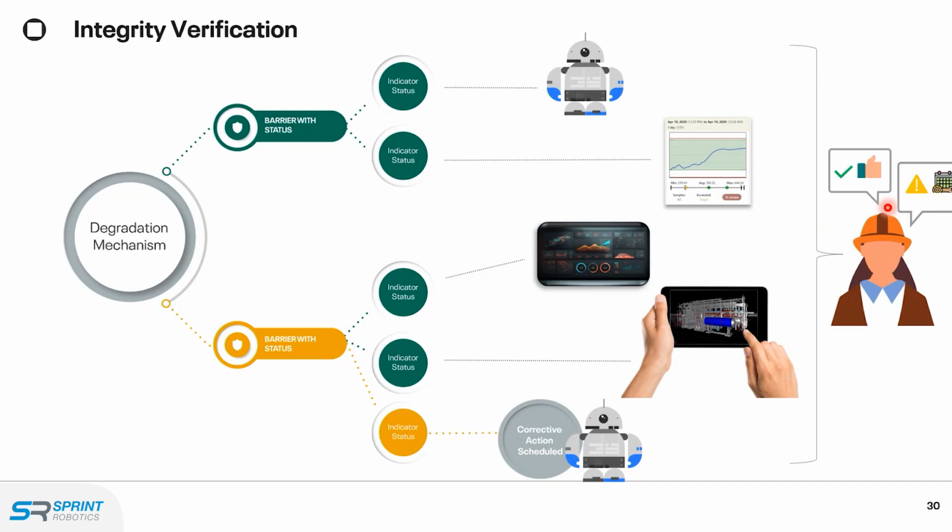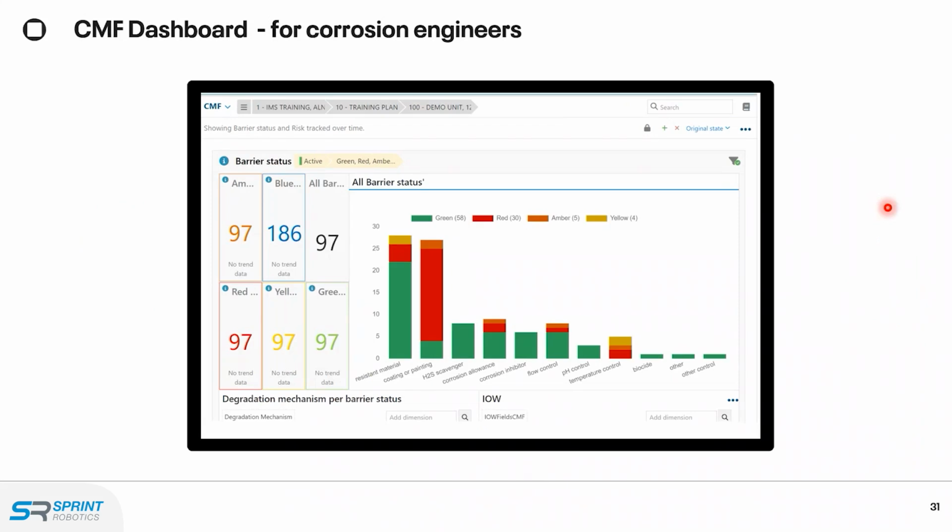So we are crunching data, we are integrating data from different sources. Dashboarding for corrosion engineers, just to visualize in IMS and say, okay, those are my barriers, right? I see I have a problem with coating and painting. So you have 19 of those barriers related to coating that are red.